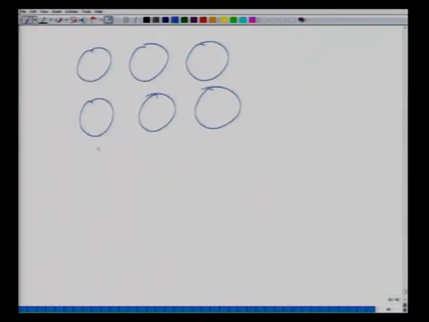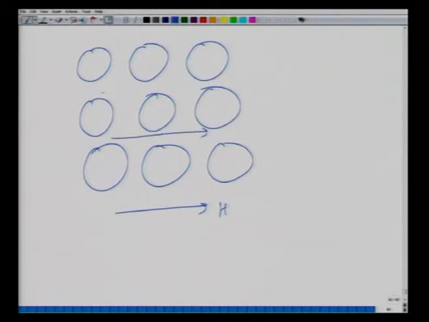Now what happens when you apply a field? Upon application of field, if you draw the picture again, suppose you apply the field in this direction, this is H. Depending upon the strength of the field, there is alignment of magnetic moment along the direction of the applied field.